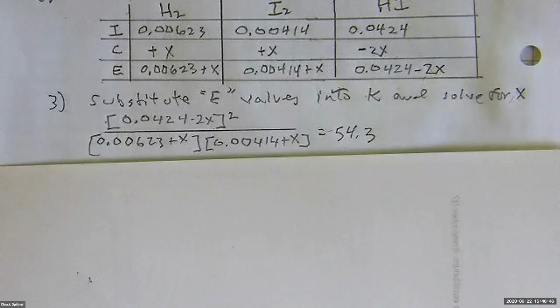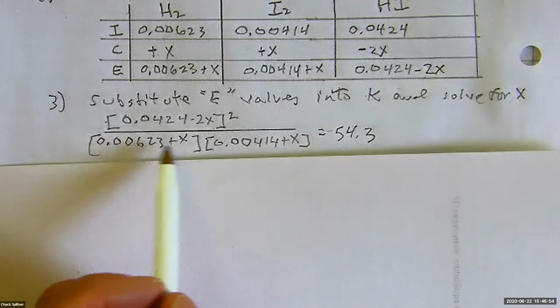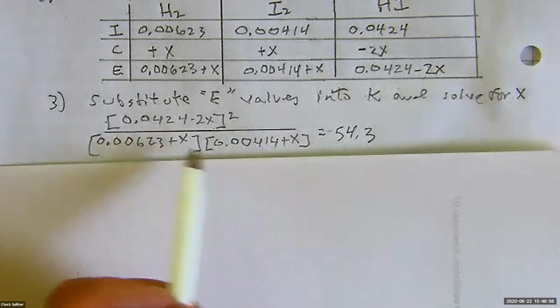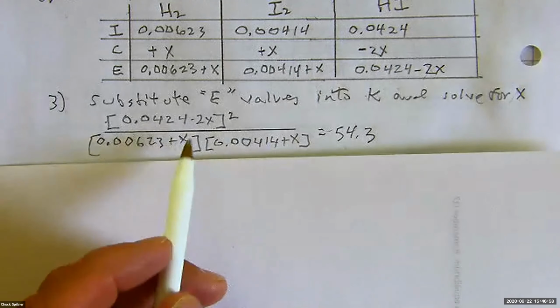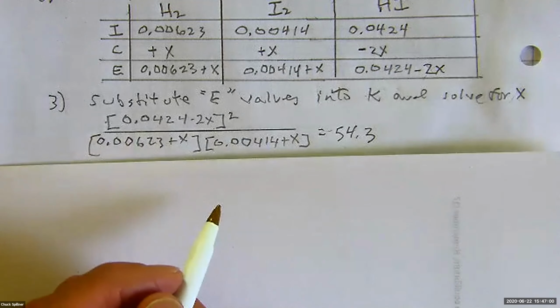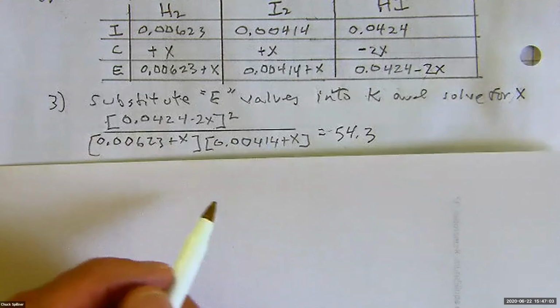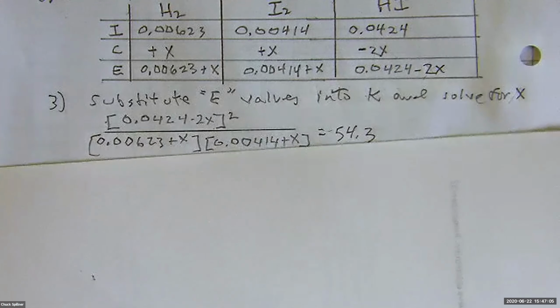Now, unlike our previous example, we can't simply take the square root of this and get the solution, because if you take the square root of this part, it doesn't come out nicely. So we're going to have to multiply everything out and expand it.